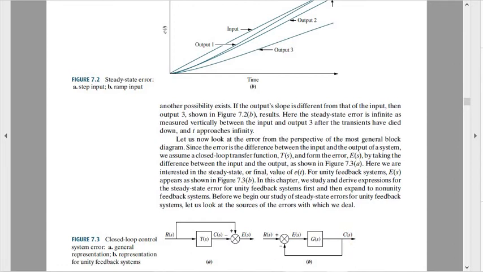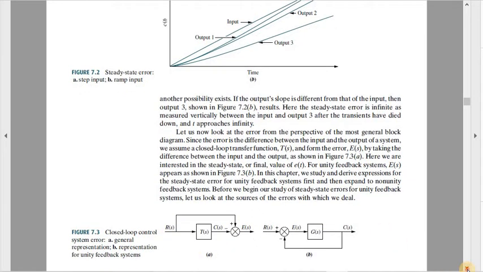Now this becomes the output, and in that case the transfer function from input to error becomes 1 divided by 1 plus G. Okay, that's why he redrew the figure here, to calculate for that.